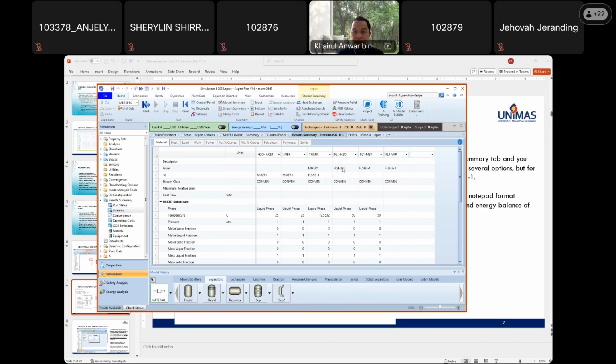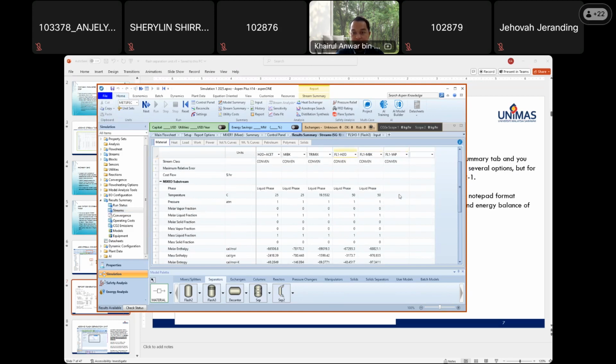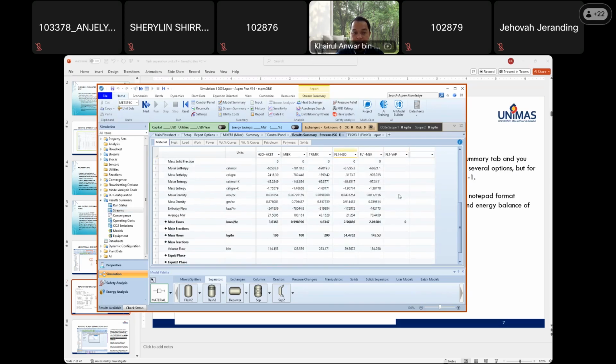So this is all from the Flash 3. So based on this, there is no flow in FL1 vapor.